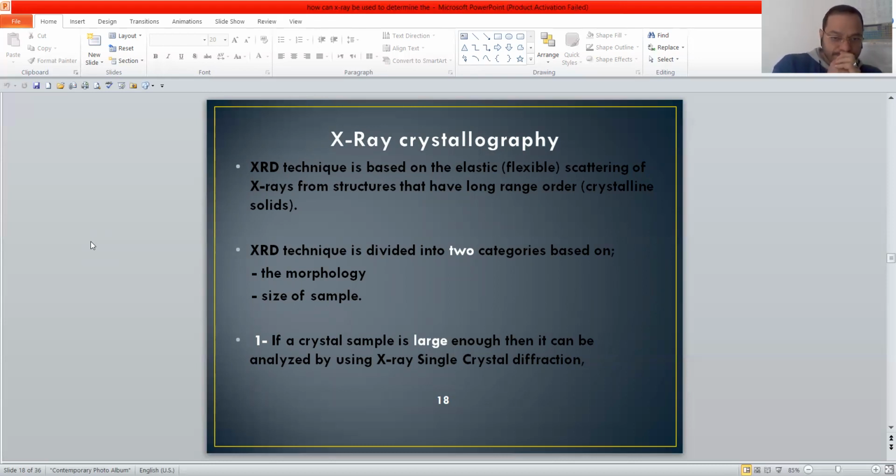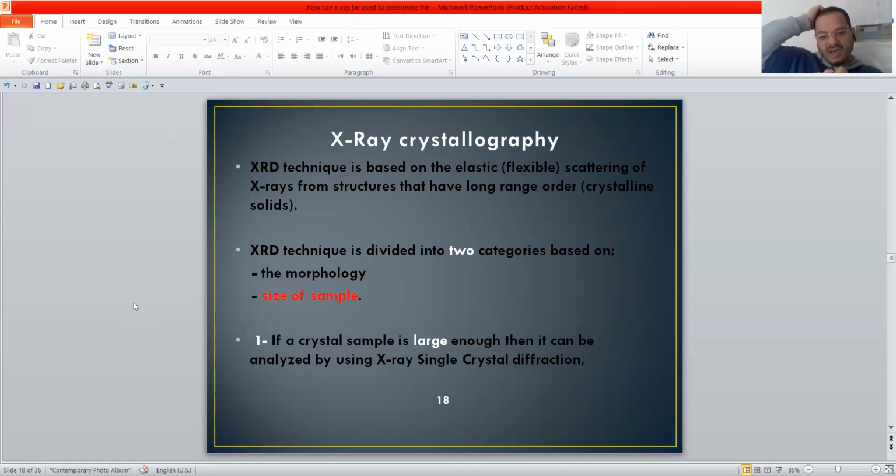Let's talk about the first one. Like I said before, the technique is divided into two categories based on what? The first, the morphology. The second, the size. We will discuss number two, the size.